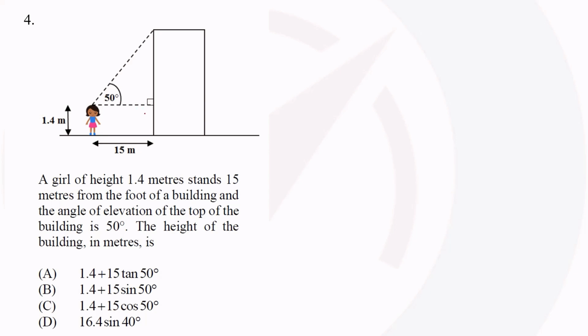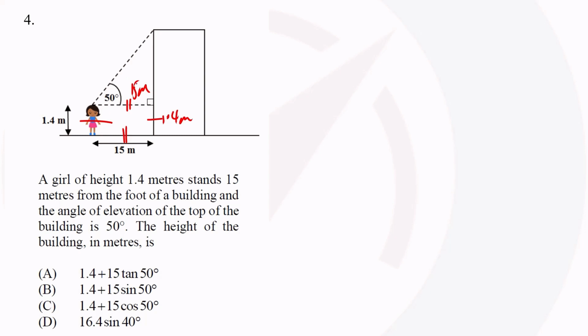What do we know about rectangles? Opposite sides are equal. So if here is 15, then here would also be 15 meters. If her height is 1.4, that means here would also be 1.4 meters.